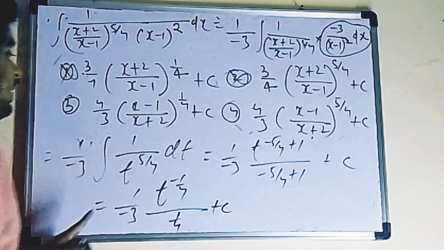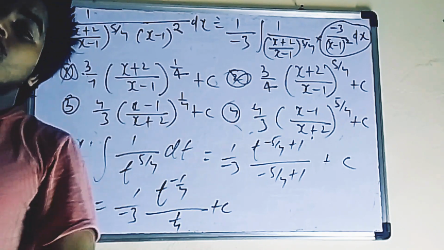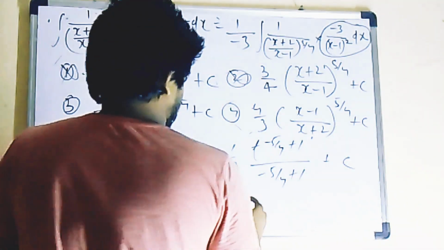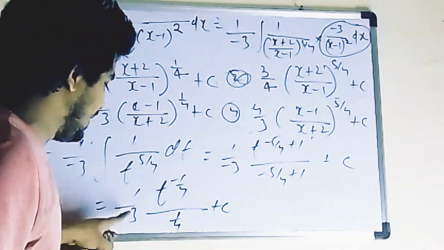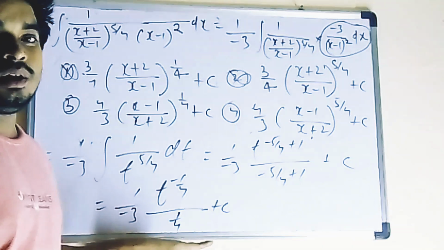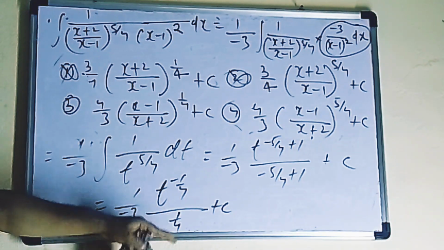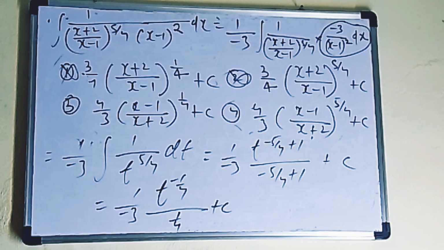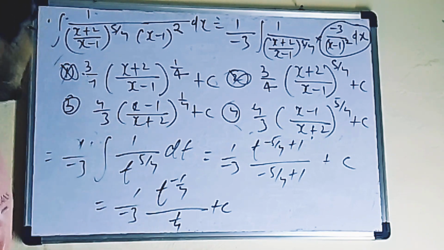So now I am substituting t. I already told you, remember, (x plus 2) divided by (x minus 1) equals t. So now I am evaluating all this. You have 1 by minus 3 and 1 by 4. If you divide 1 by minus 3 here, 4 will go upside simply. Yes or no? So this is 4 by minus 3.